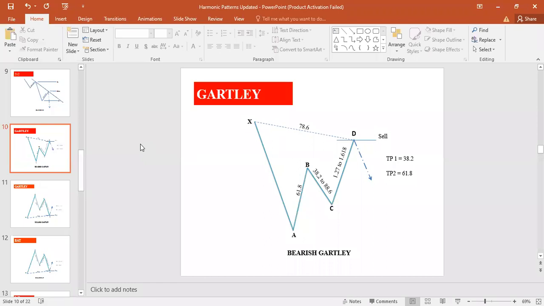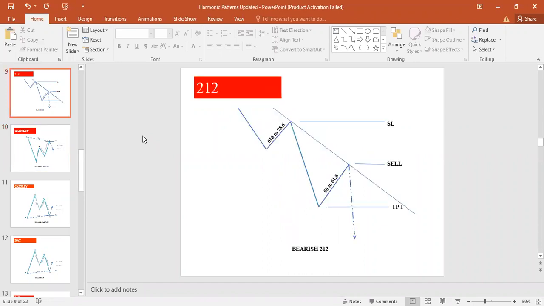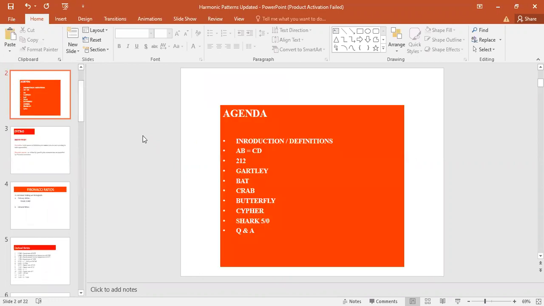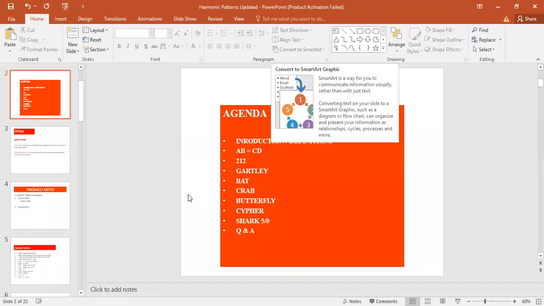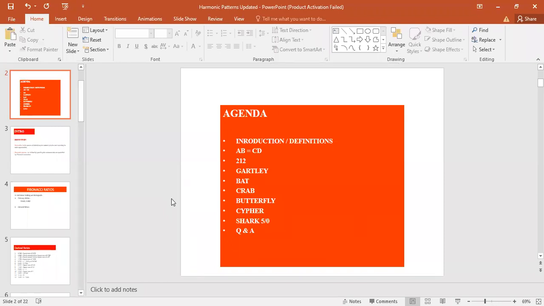The 3 major continuation patterns, which we will deal with today and tomorrow, because we'll not be able to get into the reversal patterns, but all the patterns are here, like I mentioned. The Gartley pattern, the BAT pattern, and the cipher pattern are continuation patterns.